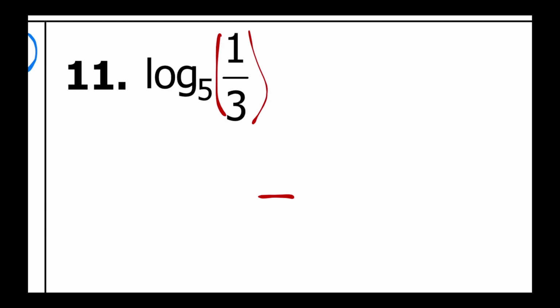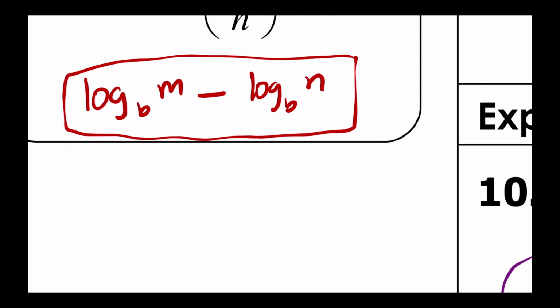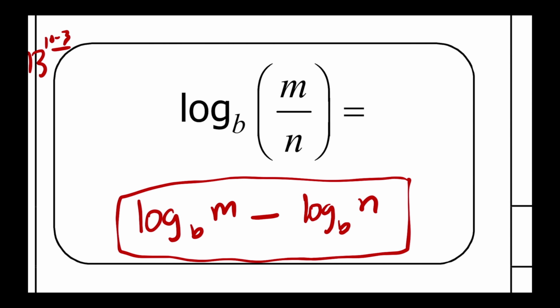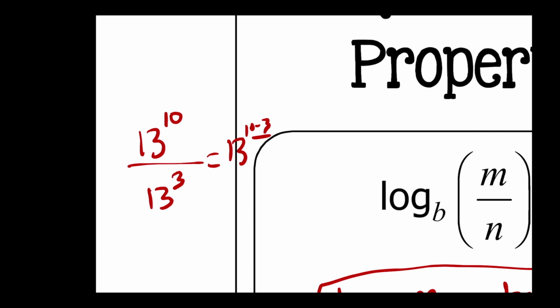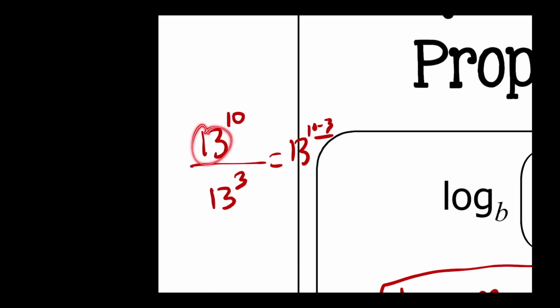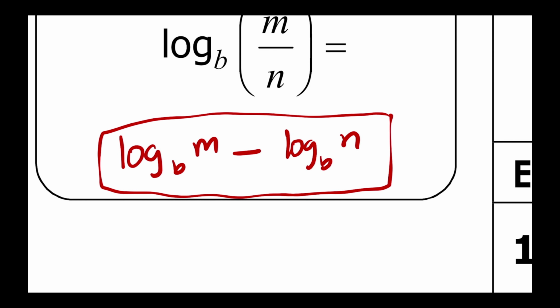All right, so how do we do this quotient property? If you forgot, let's go back. It basically says if I'm taking the log of a quotient, then I can get the log of this result and subtract the log of this result. Basically, we're doing this rule. If we have the same base, we just subtract the exponents, right? We subtract the logs, subtract the exponents. Log means exponent.